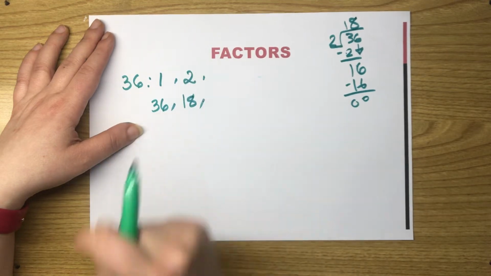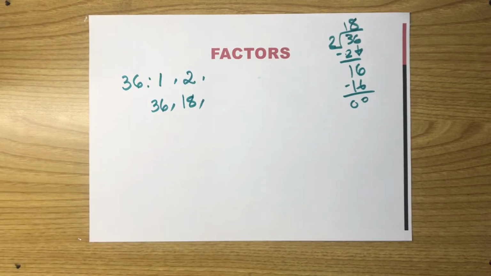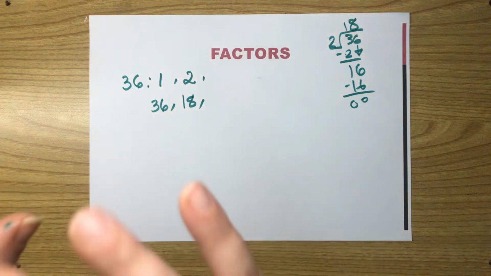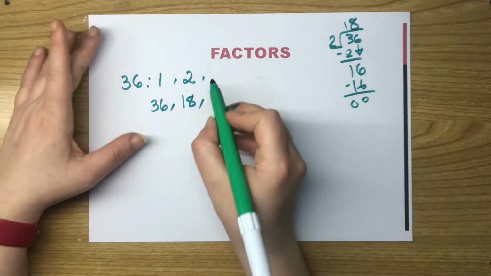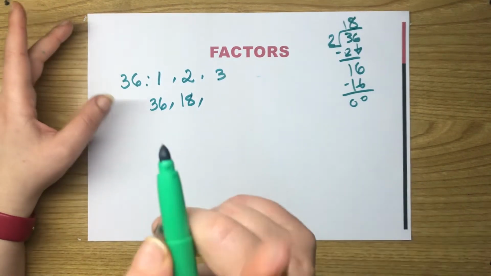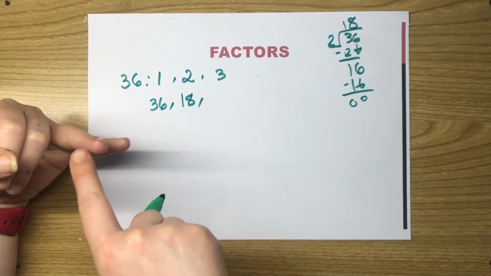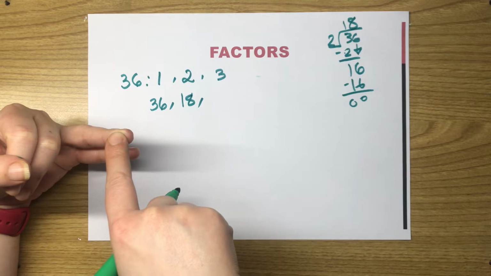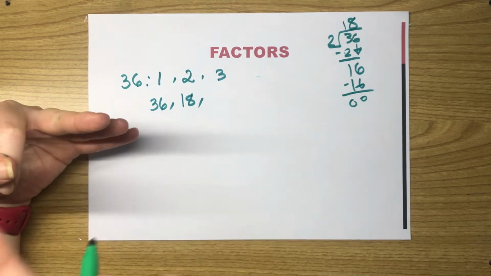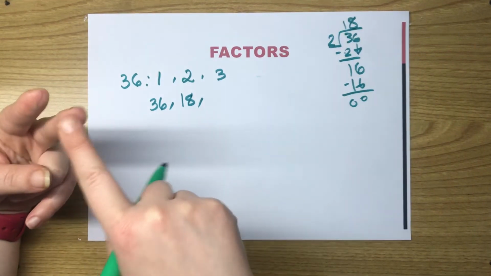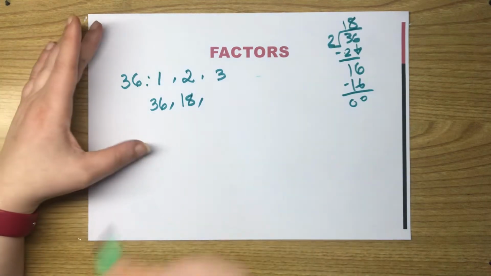Next, 36. Is it a multiple of 3? See? I said the word multiple. Is 36 a multiple of 3? Yes. Think about it. 3 times 10, 30. 3 times 11, 33. 3 times 12 equals 36.